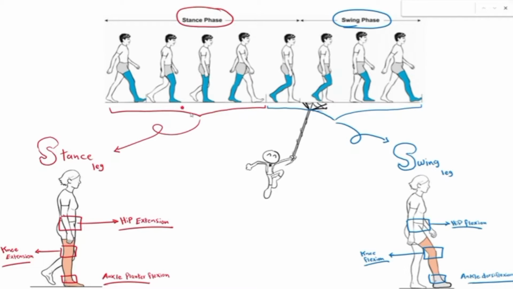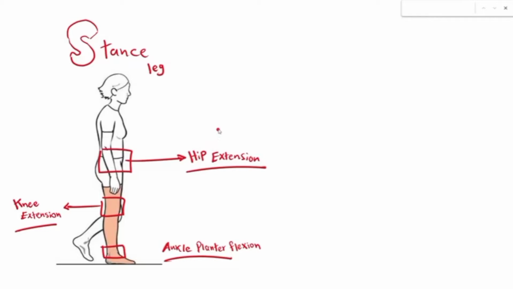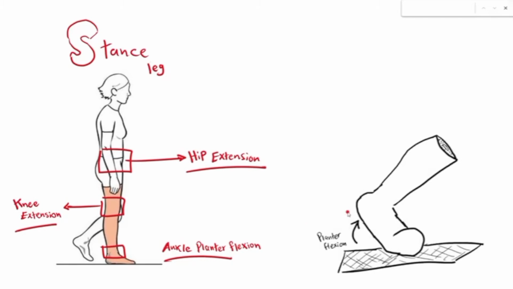Again, I'll be talking about abnormal gaits in different phases: the stance phase and the swing phase. Starting with the stance leg, we have hip extension, knee extension, and plantar flexion. Again, just to make sure that everyone knows, this is not plantar flexion. This is plantar flexion.